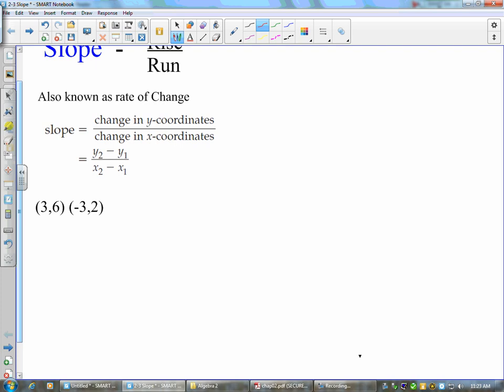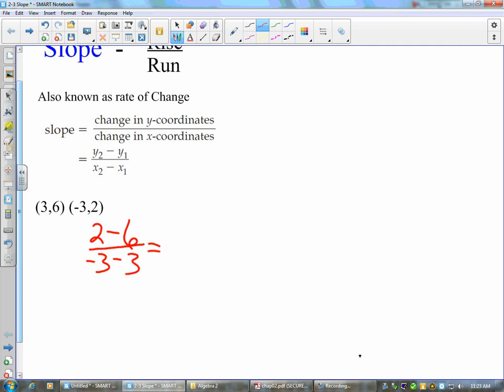You can find the slope of the line that connects these 2 points by taking the y from the second value, which is 2, minus the y from the first value, which is 6, and putting that over the x from the second one, which is -3, minus the x from the first one, which is a positive 3.